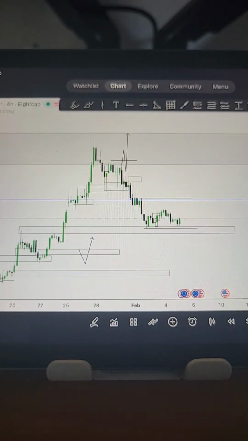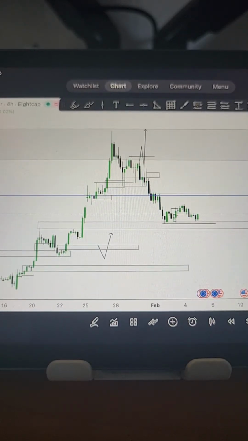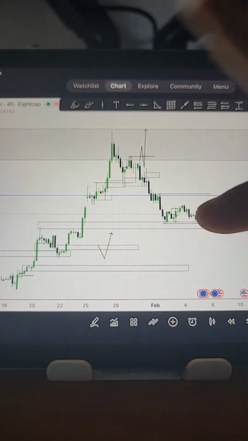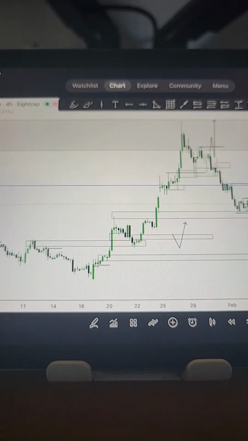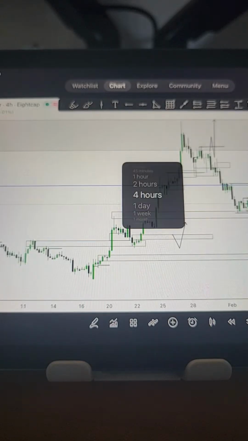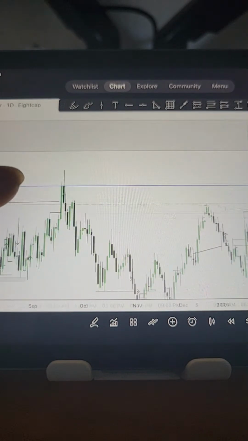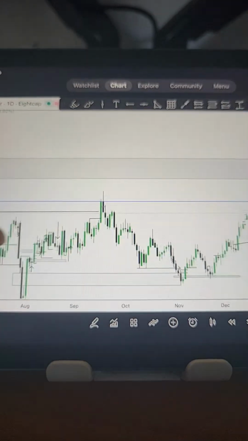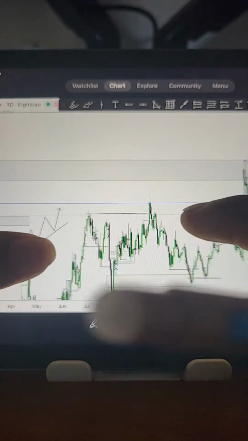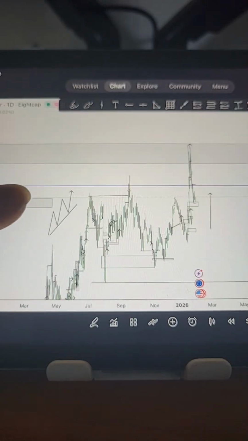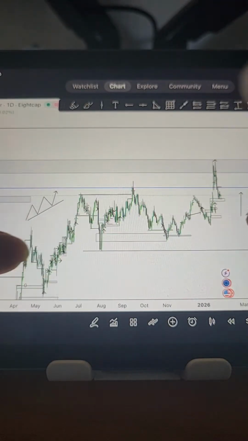So you see, this is Euro USD. Let me go to a higher time frame so you can see. So you need to always do your top-down analysis so you can know where you are currently.